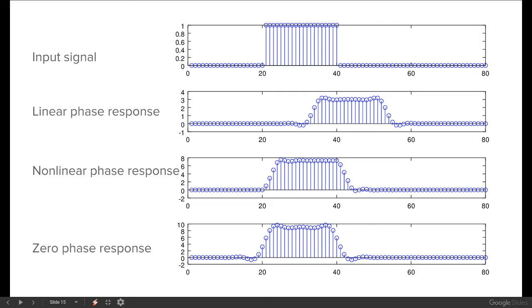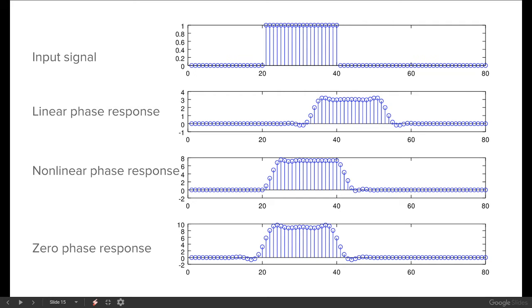Okay, some examples of different types of filter systems. If we have input signals as there, it's just a part of a square wave.